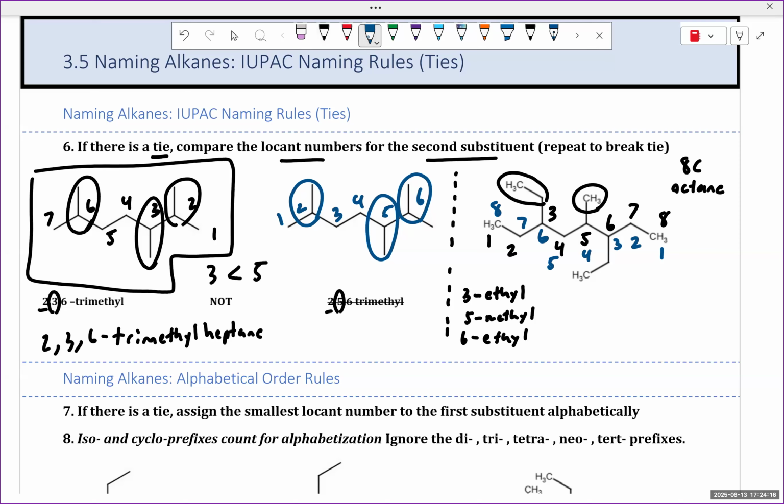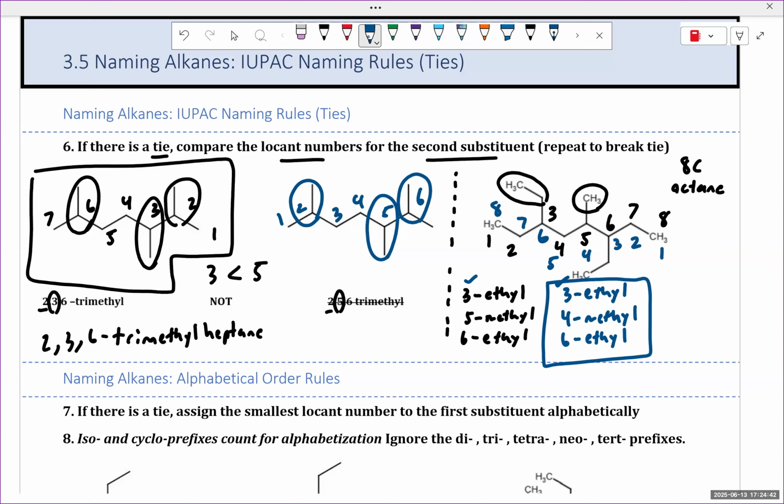Looking at the numbering method in blue, we have 3 ethyl, 4 methyl, 6 ethyl. So in this case, looking at the first substituent, we have a tie. For the second locant number, 4 is less than 5, so we're going to use the numbering method in blue.